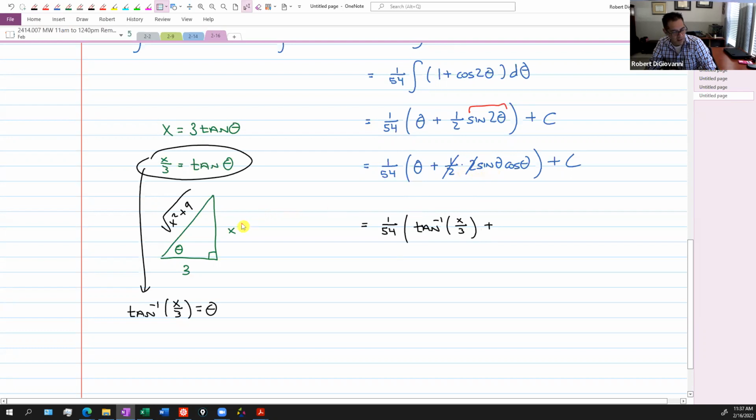So sine theta is opposite over hypotenuse, x over the square root of x squared plus 9, times cosine theta, which is adjacent over hypotenuse. So this will be 3 over the square root of x squared plus 9, plus c. I'm going to clean this up a little bit more.